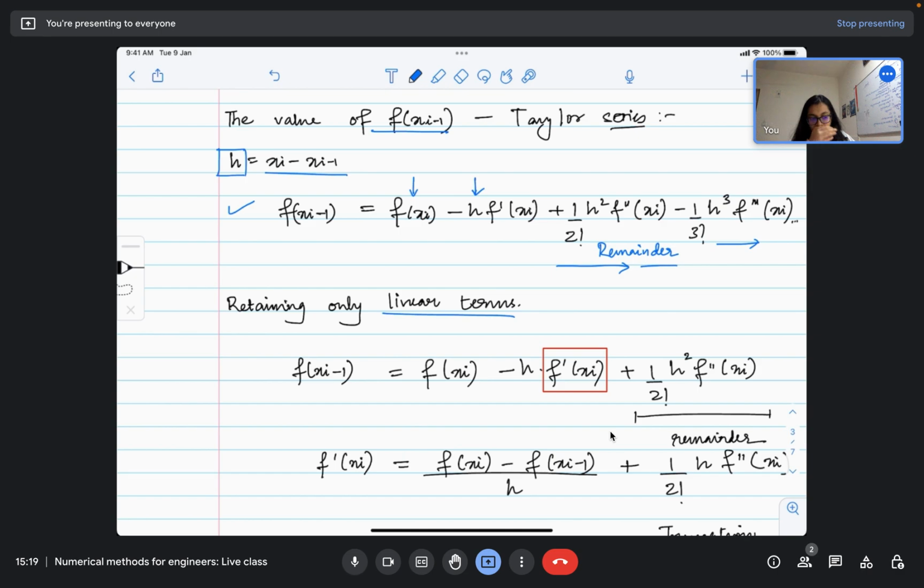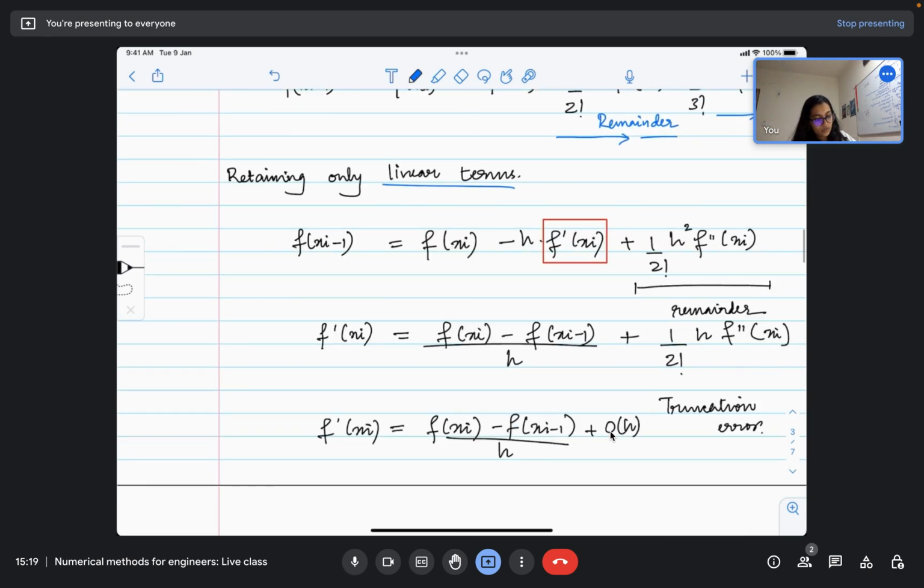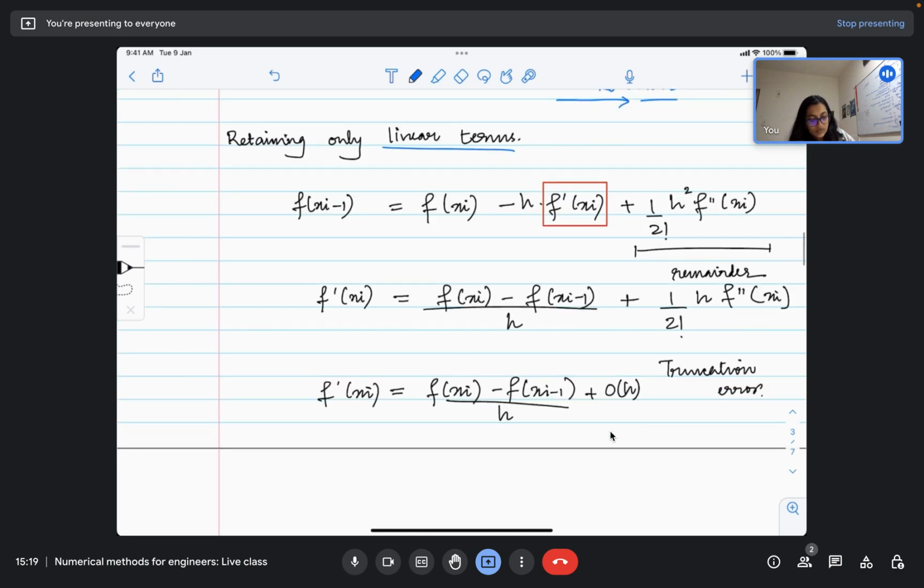Okay. Now let us rewrite it with the remainder only. That is, f of xi minus 1 will be given as f of xi minus h times f dash of xi, which is what we are interested in finding out, plus the remainder term.